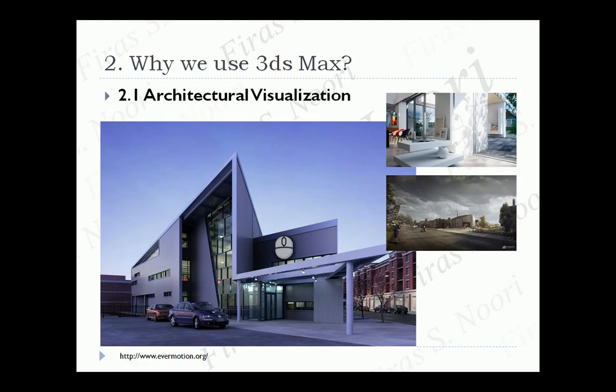Another example of architectural visualization, you can see this image, which is again from Evermotion, and it totally changes your mood. It doesn't have a direct sun. It looks like very early morning, or dawn.